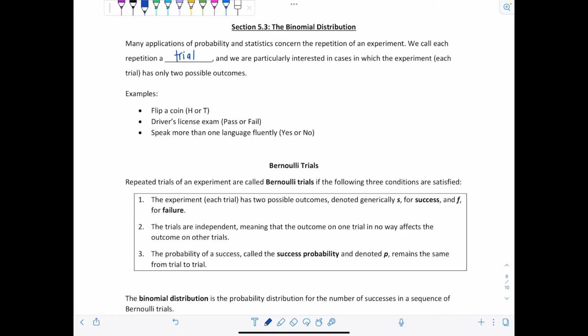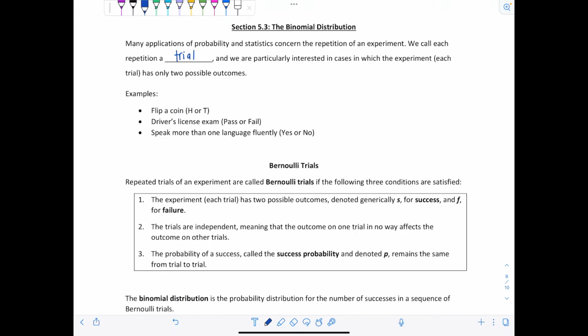So some examples: flipping a coin, because the outcomes are either heads or tails, two outcomes only. Another example would be the driver's license exam. Either you pass or you fail. Or sampling people and determining whether they speak more than one language fluently. The answer would just be yes or no. So these are examples of experiments that have only two possible outcomes.